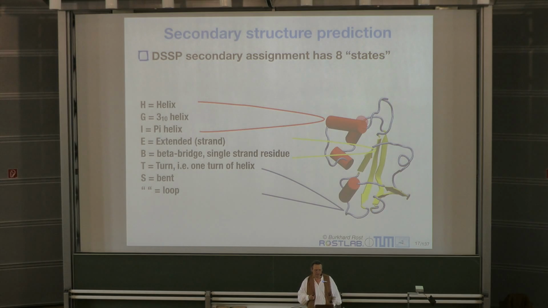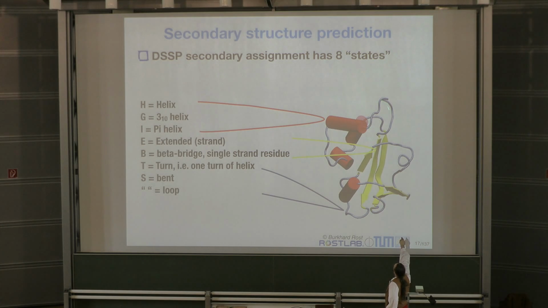Again, DSSP has different states of secondary structure. The major ones here are helices, and they differ simply. So I said I and I+4 is a helix, so some helixes are a little bit wider and some are a little bit more condensed. The pi is wider, the 310 is more condensed. These are extended, essentially the beta strand, and it's called extended because you don't wind up, it's just a stretch.